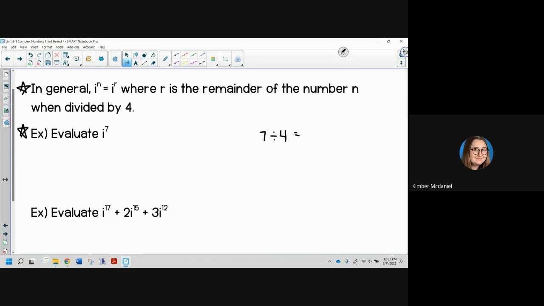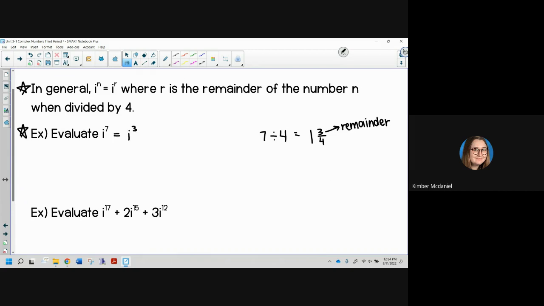Okay, so 7 divided by 4 is equivalent to 1 3/4. I want you to make a note that that 3 there is our remainder. So what that means to us is that i to the 7th is equivalent to i to the 3rd.